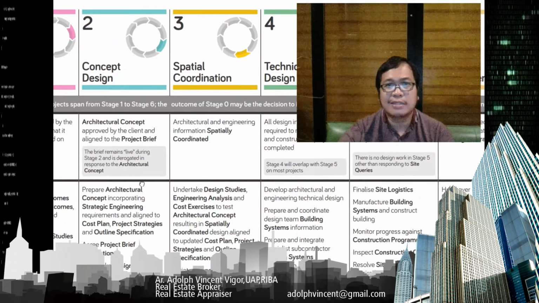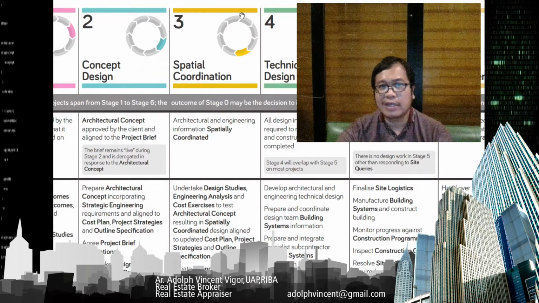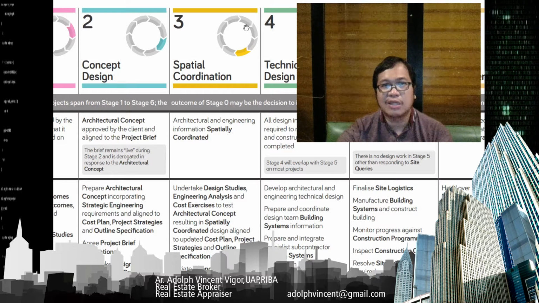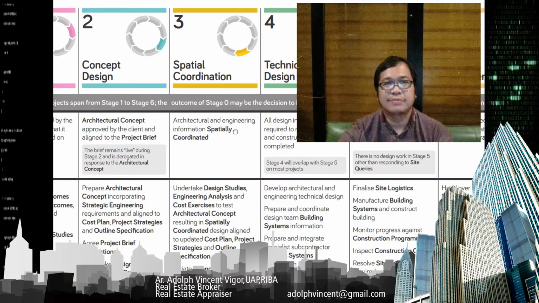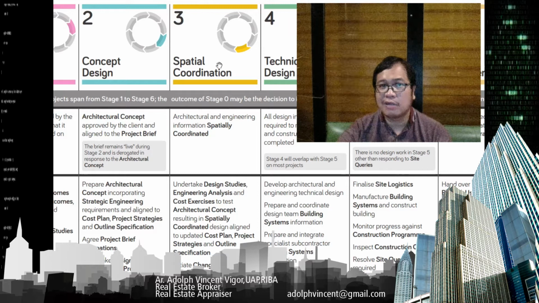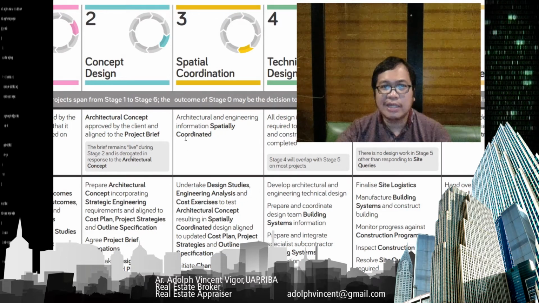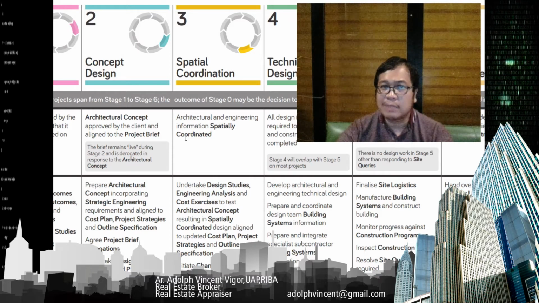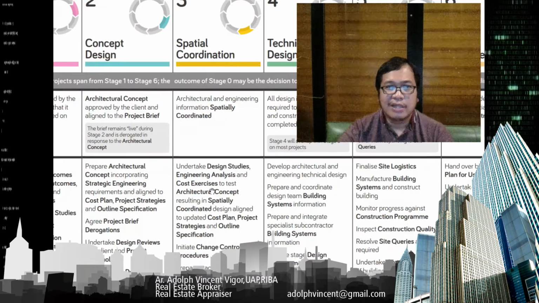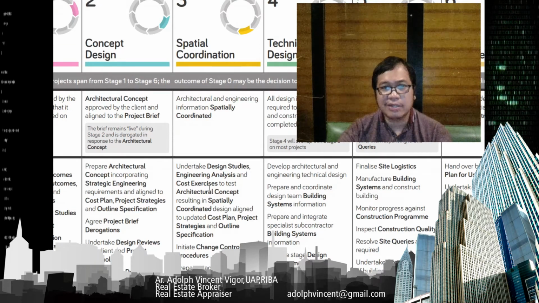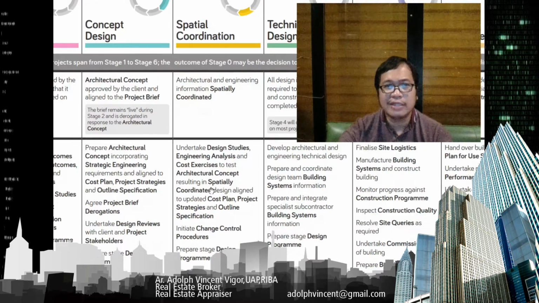And the next is stage 3. If you look at the wheel here, it's already at the third: 0, 1, 2, 3, which is spatial coordination. Here, the architectural and engineering information are spatially coordinated. Then we're going to undertake design studies, engineering analysis, and cost exercises to test the architectural concept.